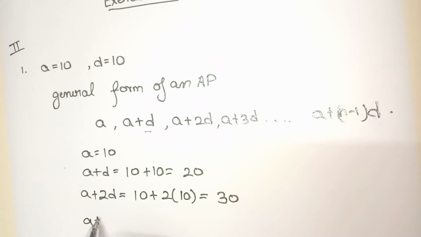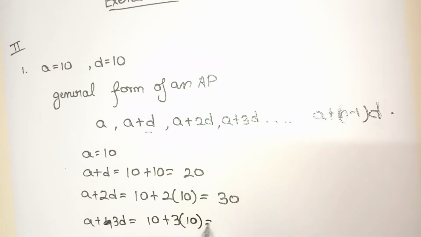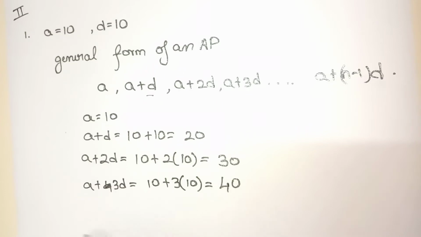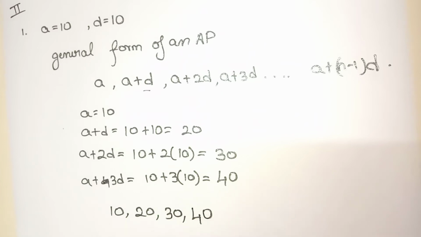And for the fourth term, a plus 3d, it is 10 plus 3 times the common difference, and it's going to be 40. So we'll write it over here: 10, 20, 30 and 40.